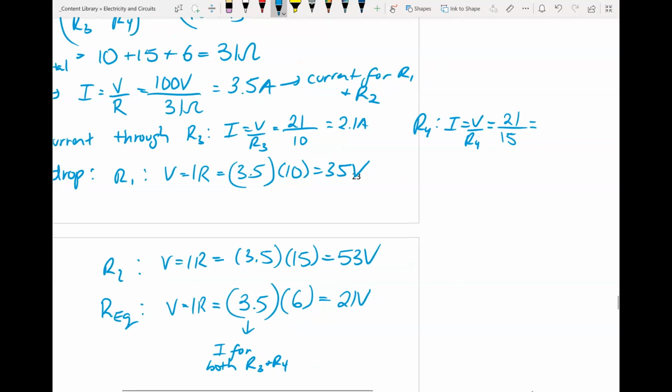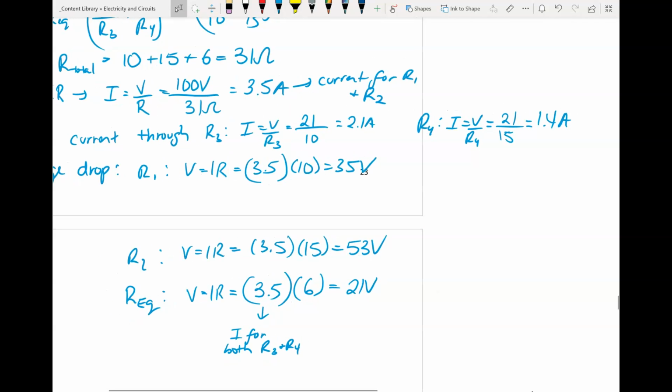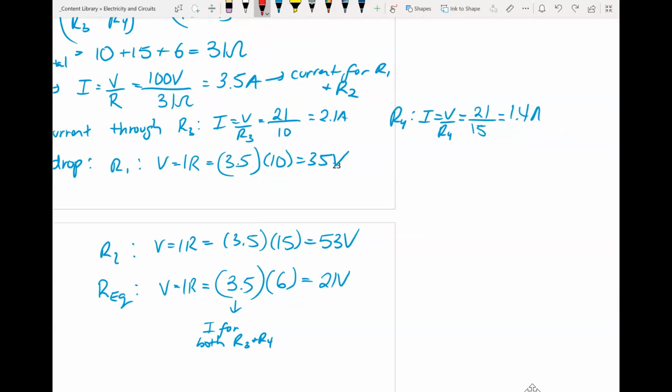So then the current that goes through R4 is going to be 1.4 amps. And just take a note that if we were to add 2.1 amps and 1.4 amps, we're going to get a total of 3.5 amps, which is exactly what we needed to satisfy our current, which is 3.5 going through R1, R2, and our equivalent, which is both R3 and R4.